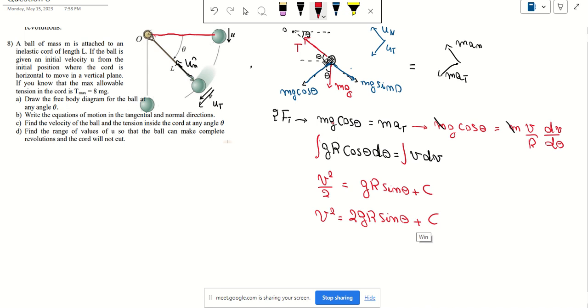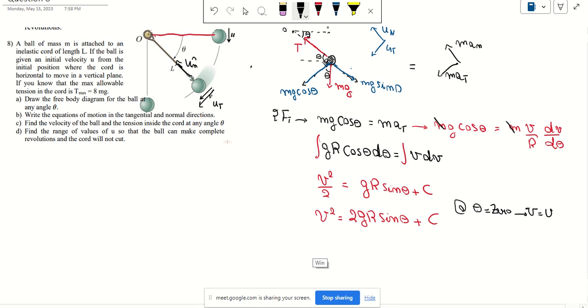Okay, so now we need to look for our initial condition. If the ball is given an initial velocity u from the initial position where the cord is horizontal, I should translate this into the horizontal position, which is theta equal to 0. You'll find v is equal to u.